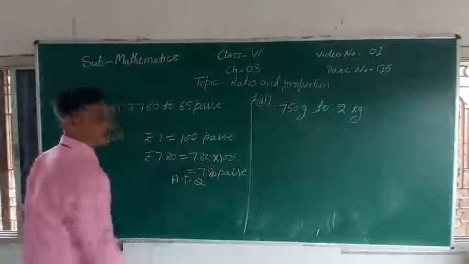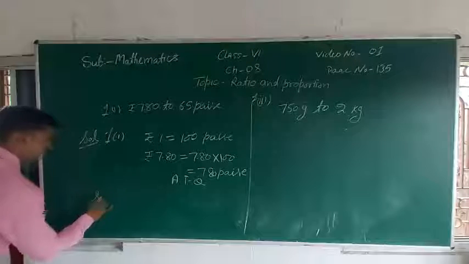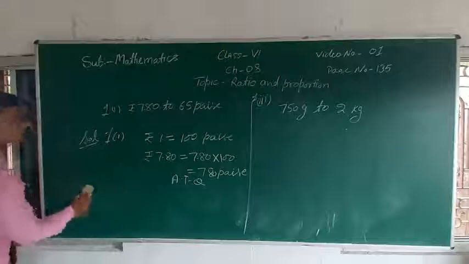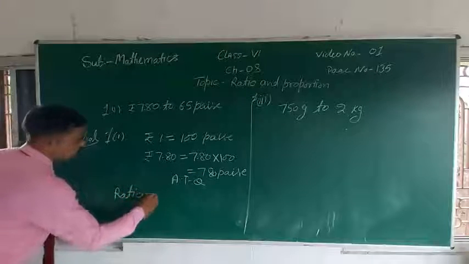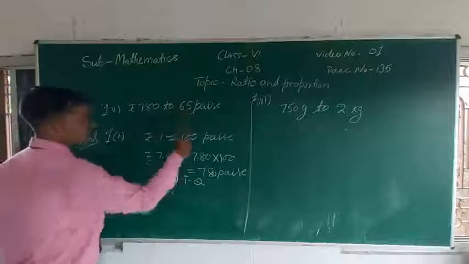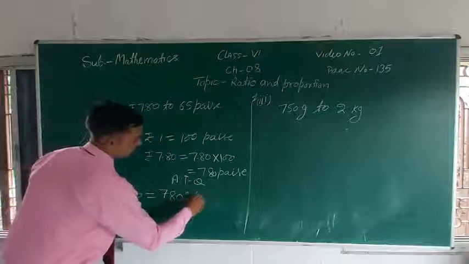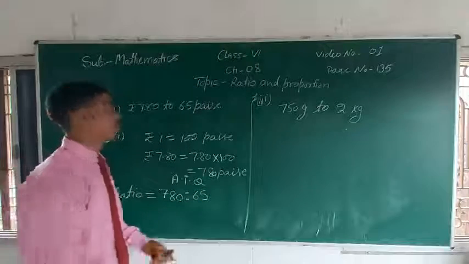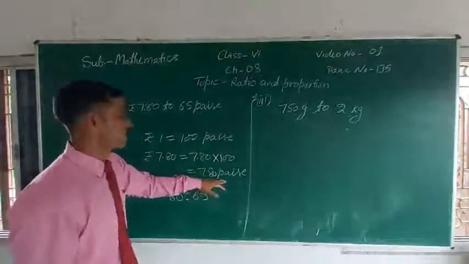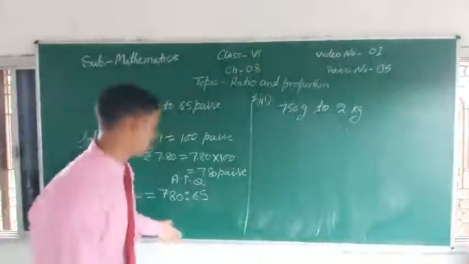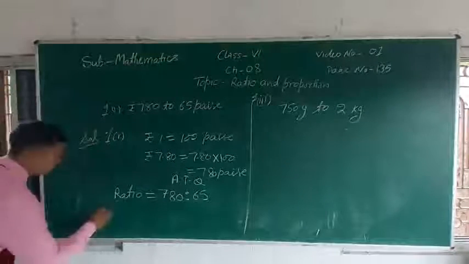Now according to the question, we have to find the simplest form. First we will find the ratio: 780 ratio 65, since rupees 7.80 converts into 780 paisa. Now just the simplest form.